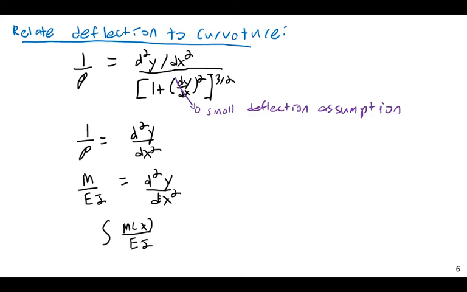So I'm going to basically distribute the dx. Let me back up. I want to keep in mind that the previous formula, the integral of M of x over EI dx, is equal to dy over dx, which is equal to theta of x. I'm going to use that.